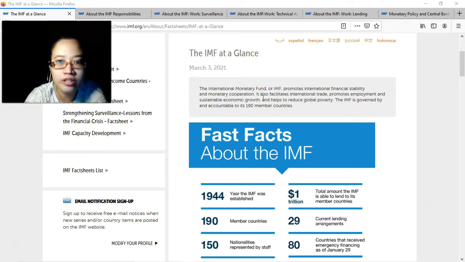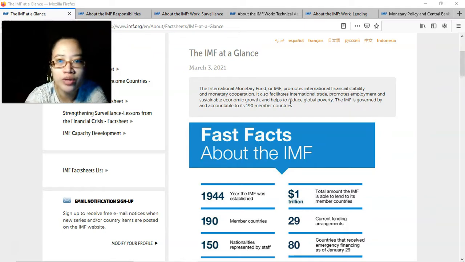So the International Monetary Fund, or IMF, promotes international financial stability and monetary cooperation. Because of international trade, because of transactions between countries, there is the existence of an international financial system, and the one essentially trying to promote international financial stability is the IMF.